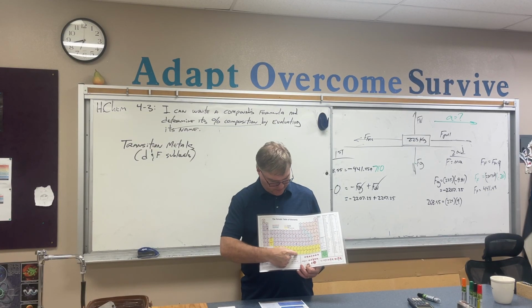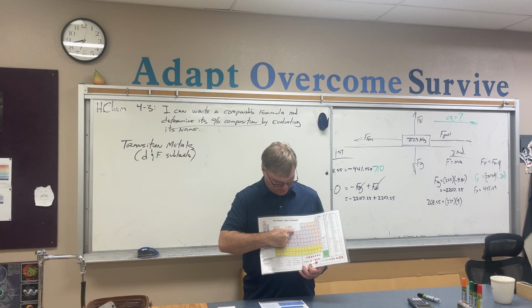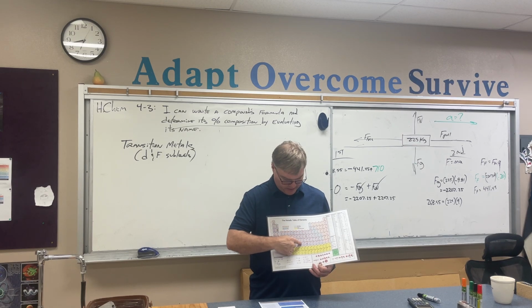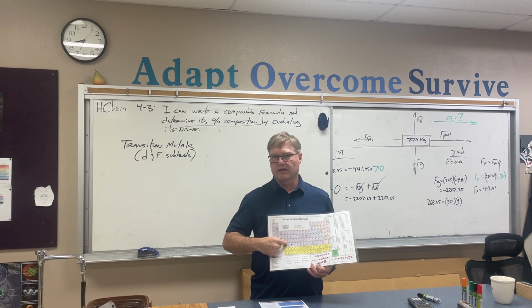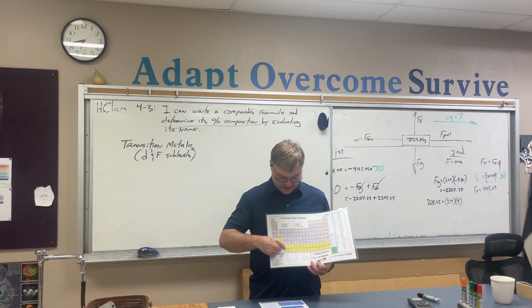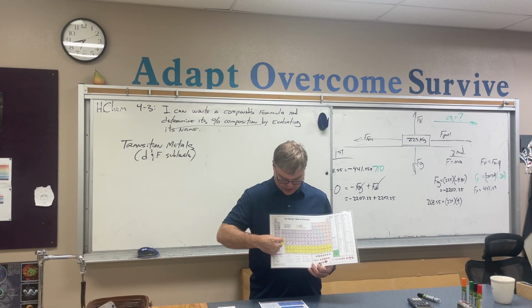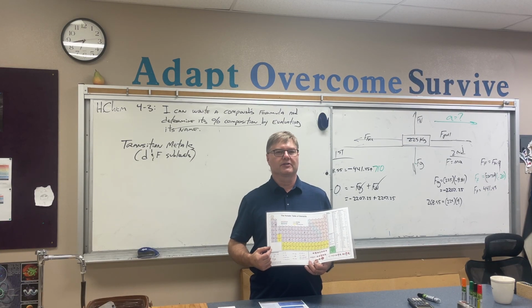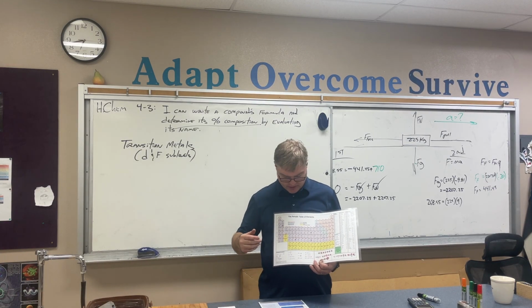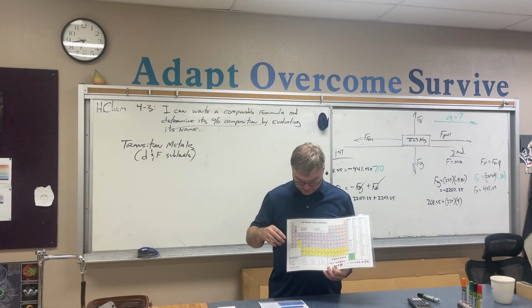This block of 10, these are called the transition metals, and this block of 14, which would go here, these are your inner transition metals. We're just going to call them transition metals.